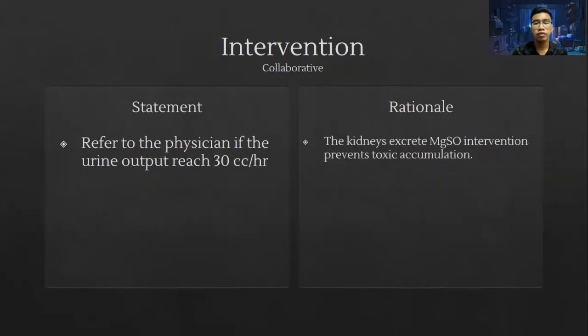For the collaborative intervention, refer to the physician if the urine output reaches 30 cc per hour. The rationale is that the kidneys excrete magnesium sulfate, which prevents toxic accumulation.